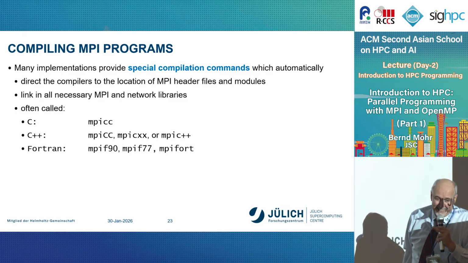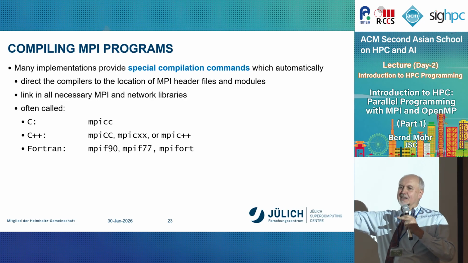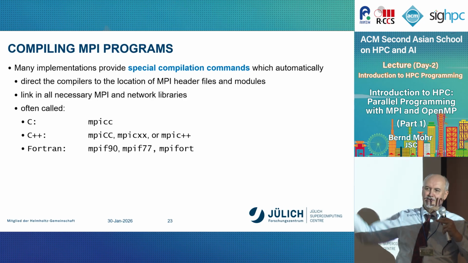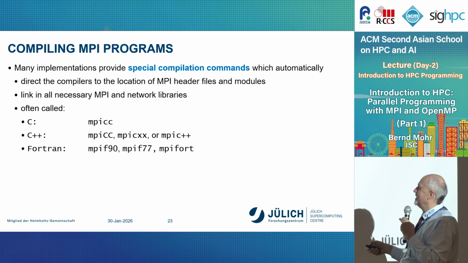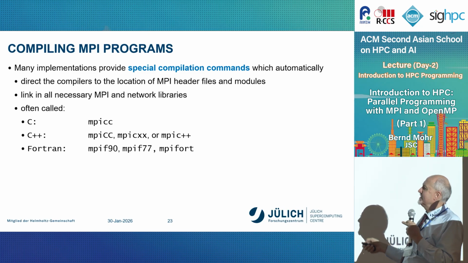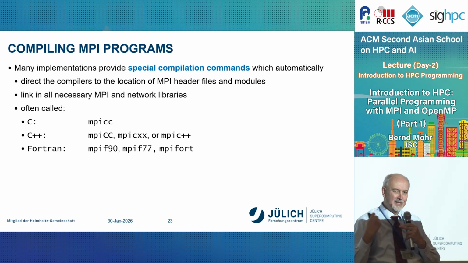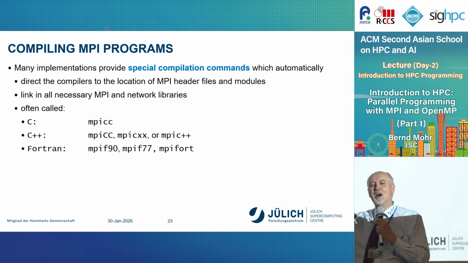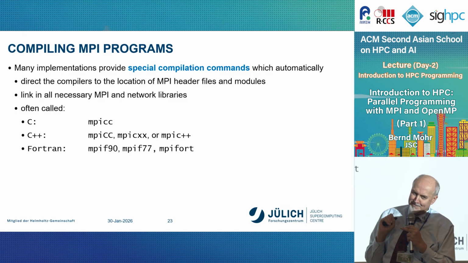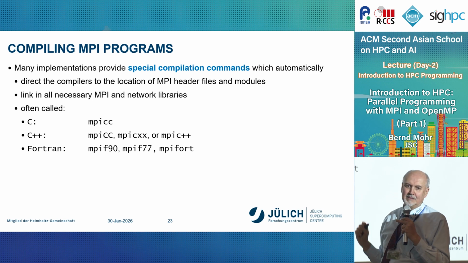The problem is, every MPI library, whether from Intel, Cray or Fujitsu, uses slightly different names for the compiler. So these are the typical ones, but you have to look up in the Fugaku documentation or your cluster documentation which command to use if you're using this MPI on your computer.